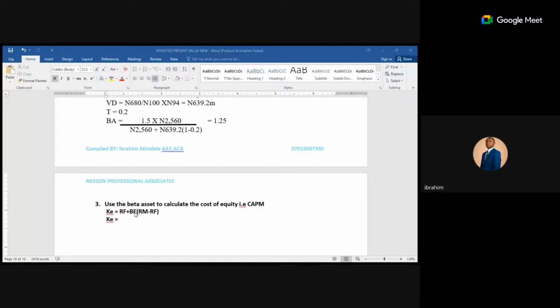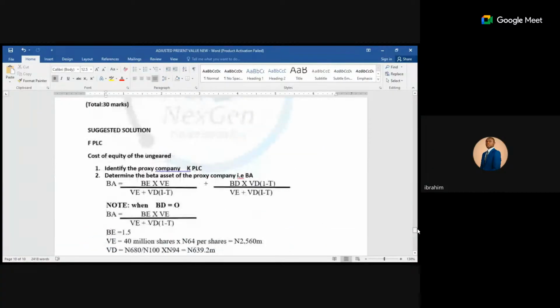That is systematic risk. These are just 2-mark questions. Then unsystematic risk is the opposite. So we can continue our lecture.